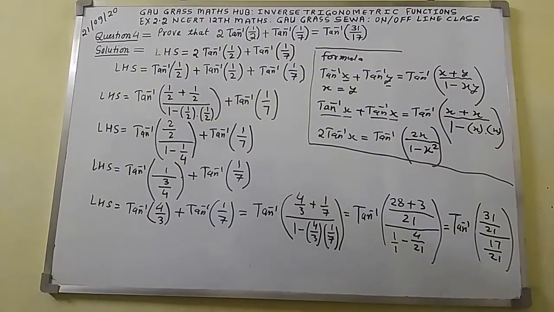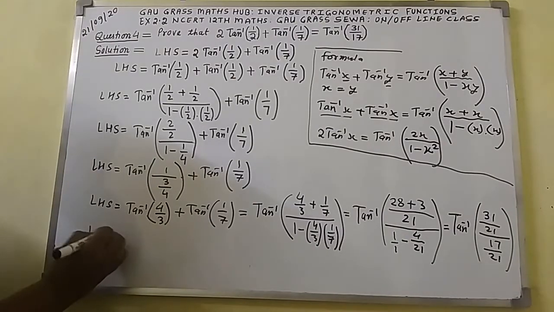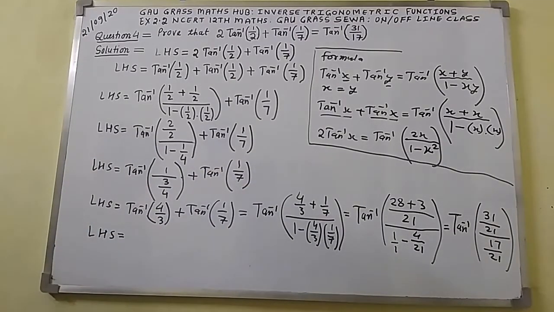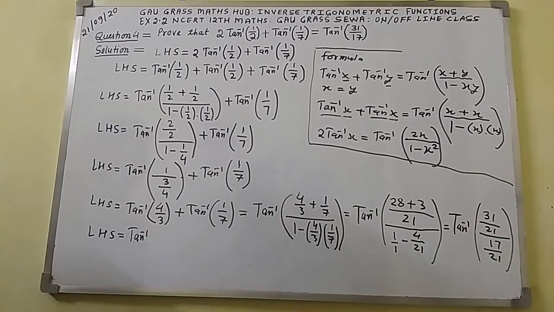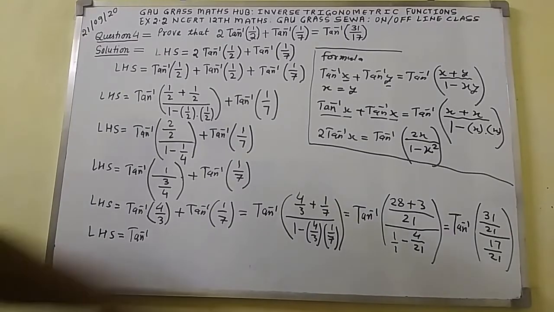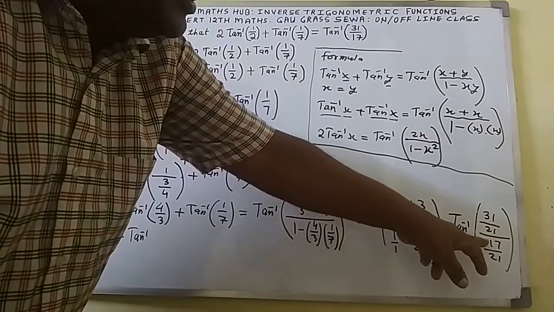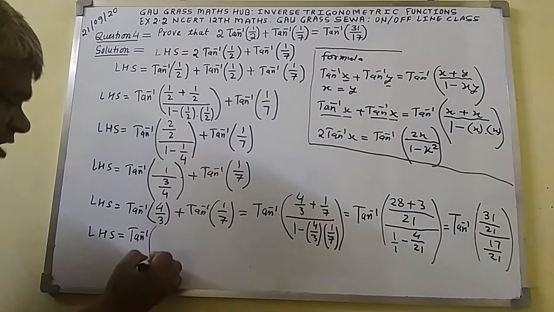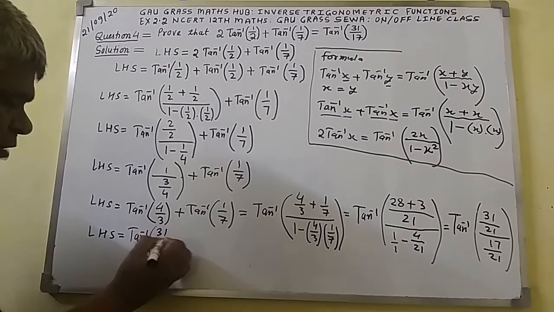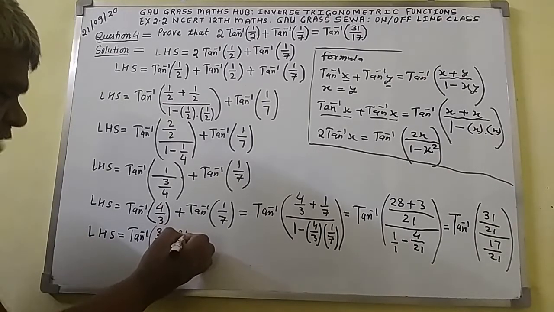Now what we'll do next? Again I shall write LHS is equal to you have got here tan inverse 31 over 21 whole over 17 over 21. This will be operated, you will get here in bracket 31 over 21 into 21 over 17.